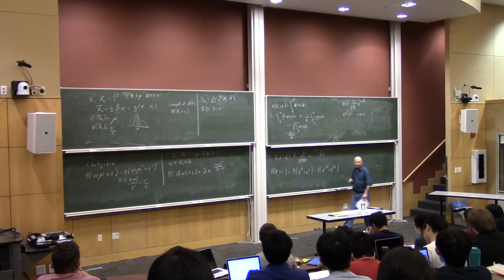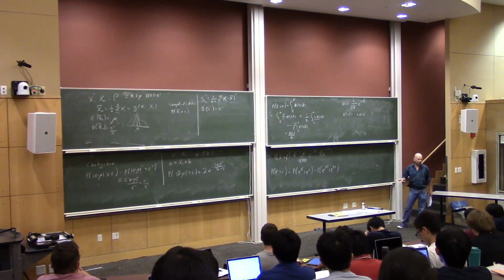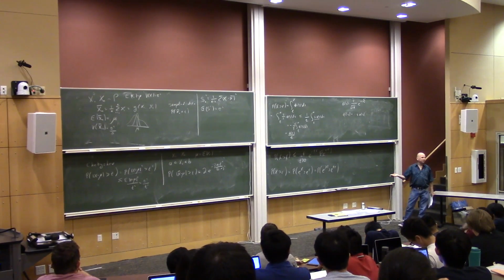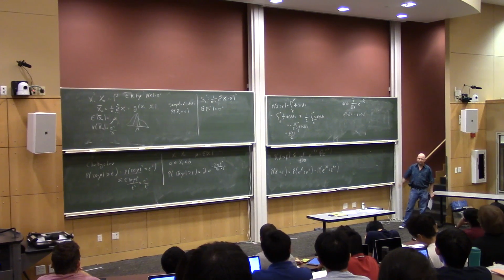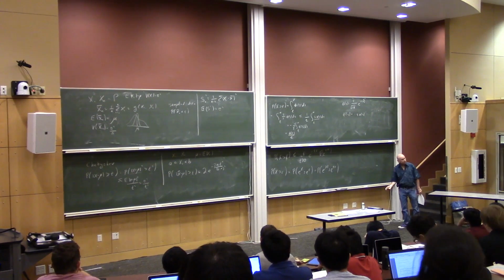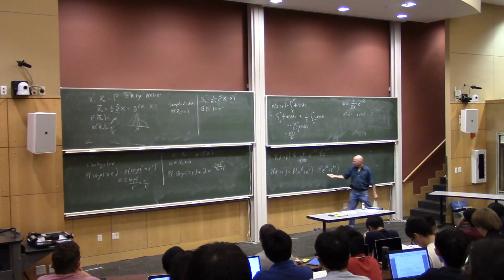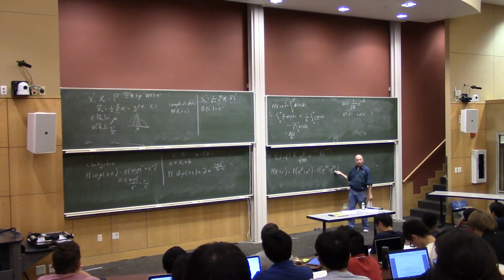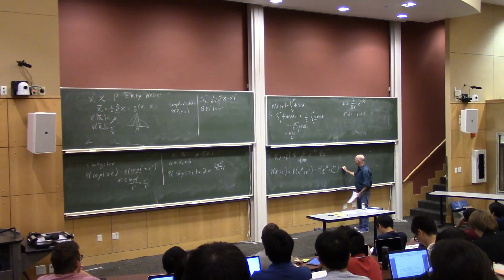So I haven't done anything. It's just like Chebyshev, where I just squared things. I'm just taking e to the power, and t here is an arbitrary positive number. This is true for any arbitrary positive t. Now I just apply Markov. Markov says the probability that this random variable is bigger than this is less than the expected value of this times one over this. So that's exactly this.